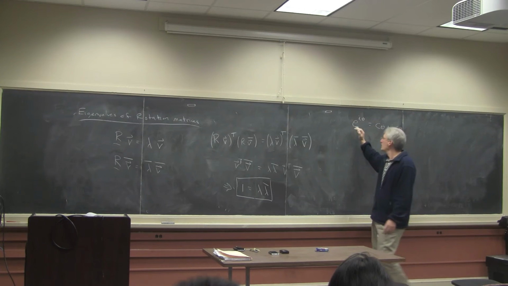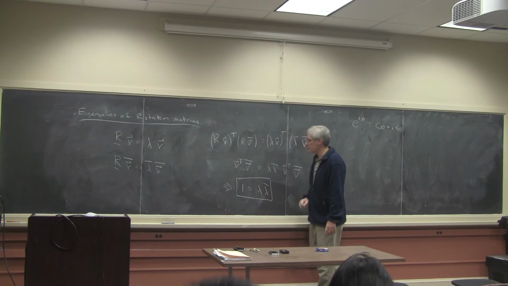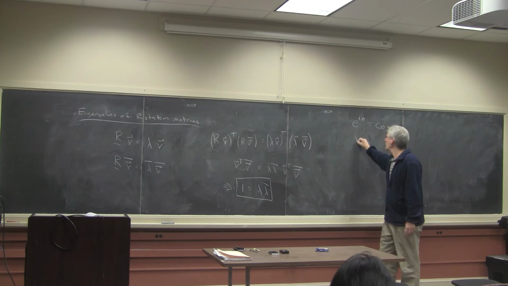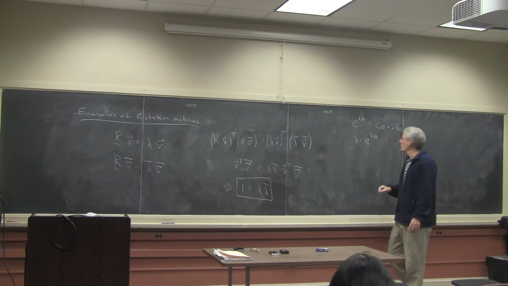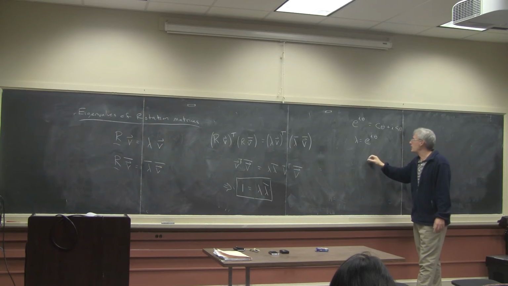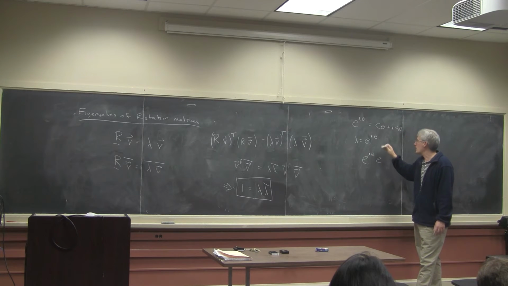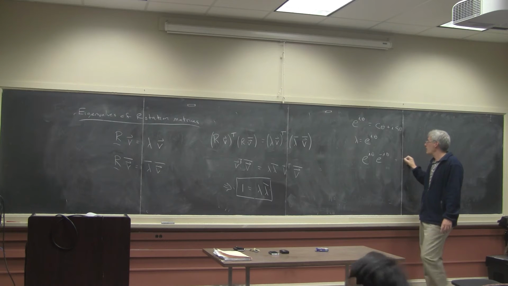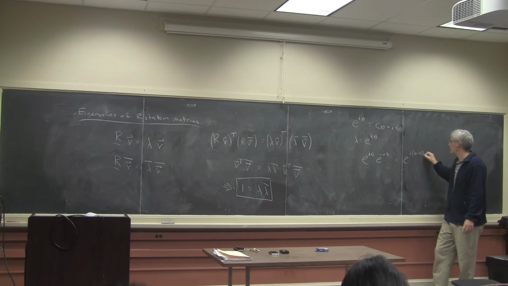But in any case, the only complex numbers that satisfy this are complex numbers of the form e to the i theta. Because if I take the complex conjugate of this and I multiply it times itself, e to the i theta times, the complex conjugate of this is e to the negative i theta. When I put them together, it's e to the theta minus theta.